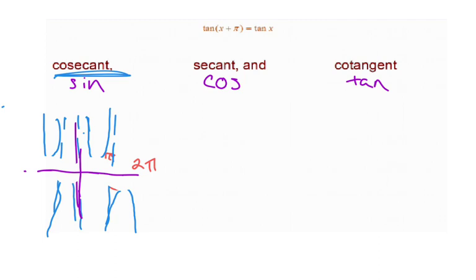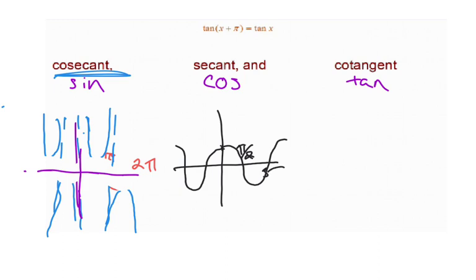Secant is the reciprocal of cosine. And it started up here at 1 and cycled this way. So this was pi over 2, and this was 3 pi over 2. And so secant is the reciprocal of cosine, so it graphs.